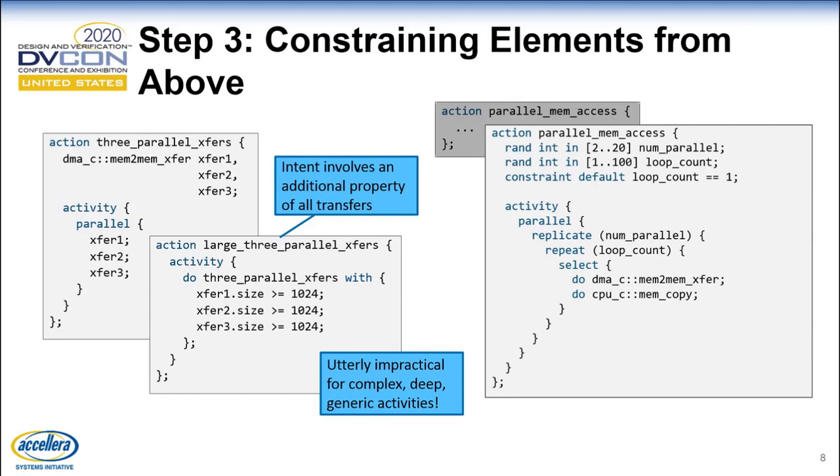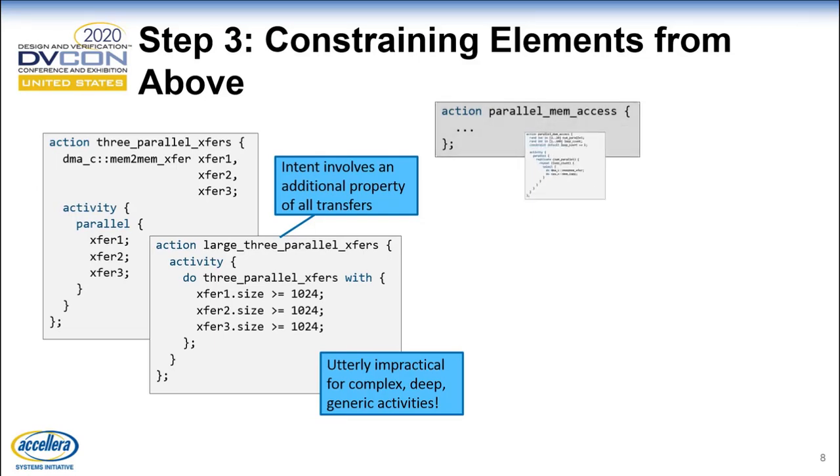I'm going to reuse that parallel mem access building block for this now more specific intent of exercising large transfers, or maybe large transactions in general, right? But even if I did know the path down to these sub-actions or second level or third level sub-actions, even if I did know what the path is, I would never want to hard code it, because then I would be coupling my top level intent with the specifics of how possibly library activities are structured, right?